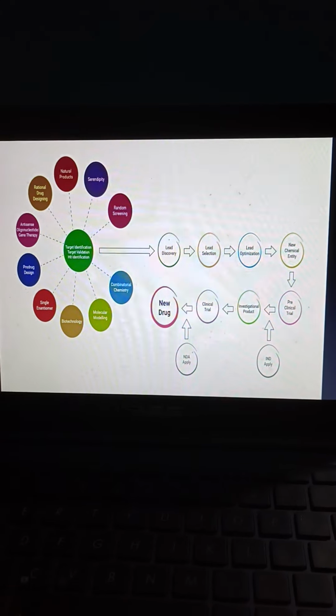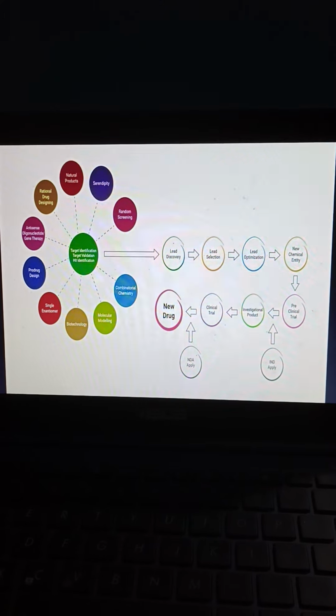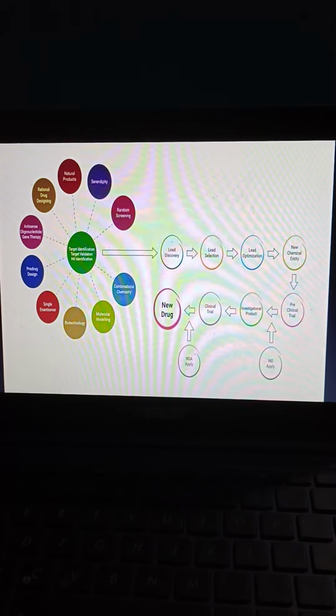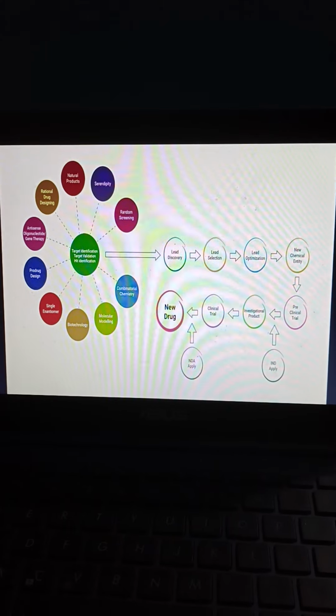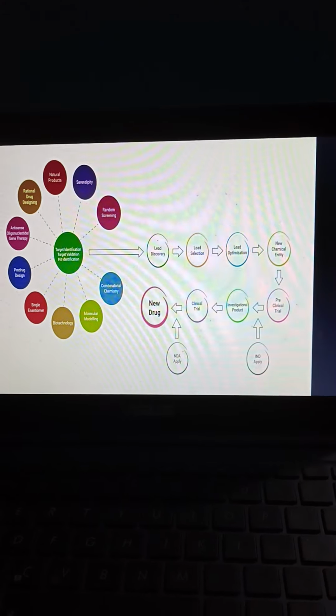These are used to find the target identification, and from target validation, hit identification, then at last a new drug will be formed through these steps.